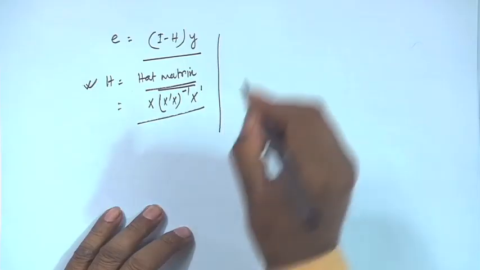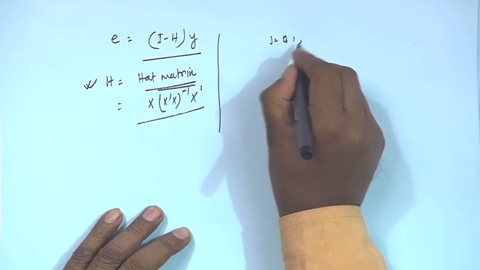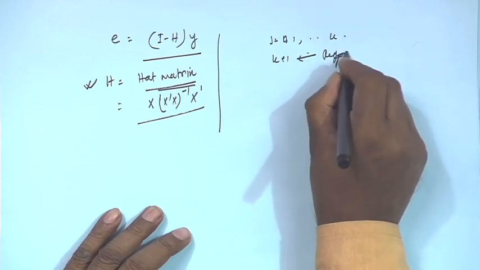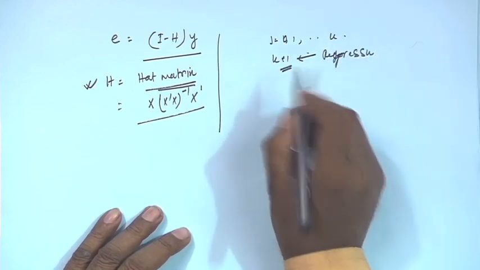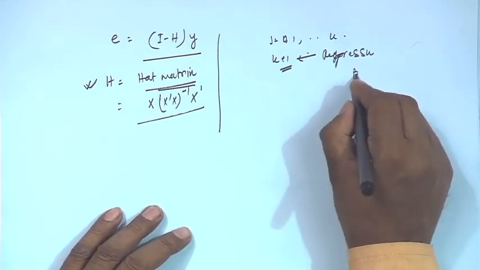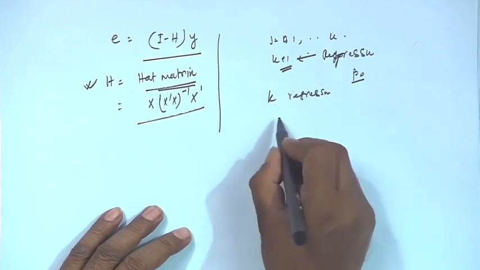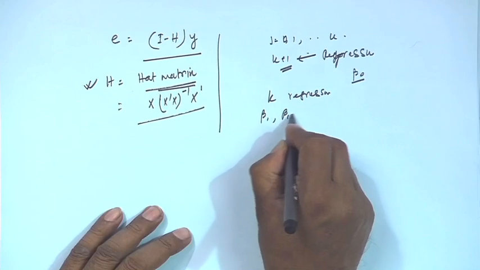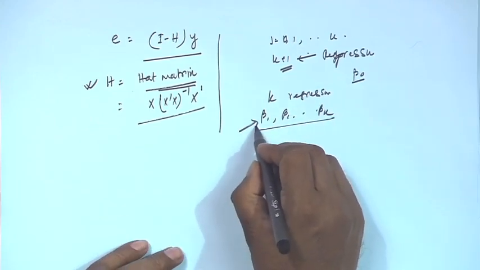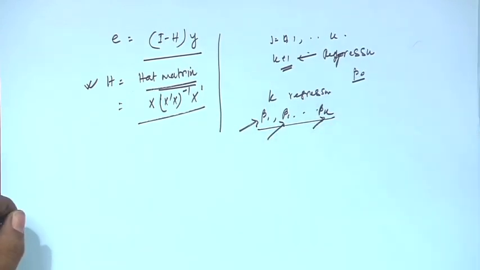For the overall fit test, we have j equal to 0, 1 to k, that means k plus 1 parameters. If we do not consider the intercept beta 0, then we have k regressors, that means beta 1, beta 2, up to beta k, and that is important, because beta 1, beta 2 and beta k relate to variables x1, x2 and xk, showing which of the variables are contributing or not.